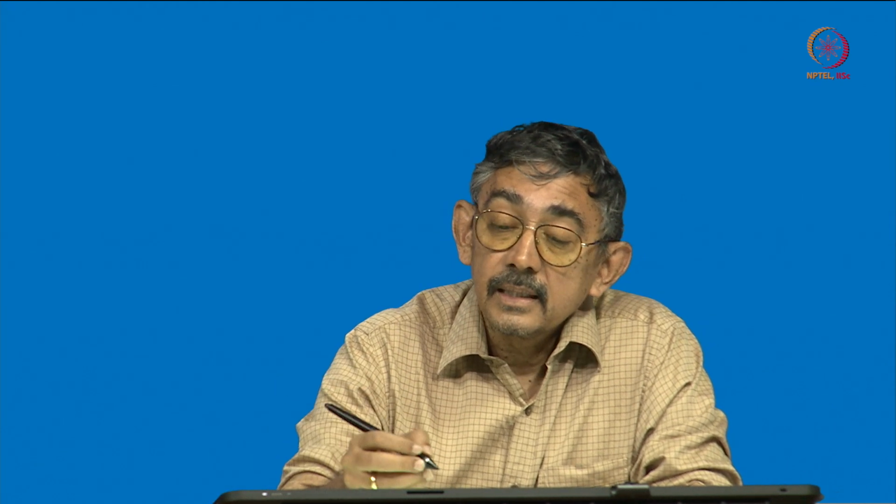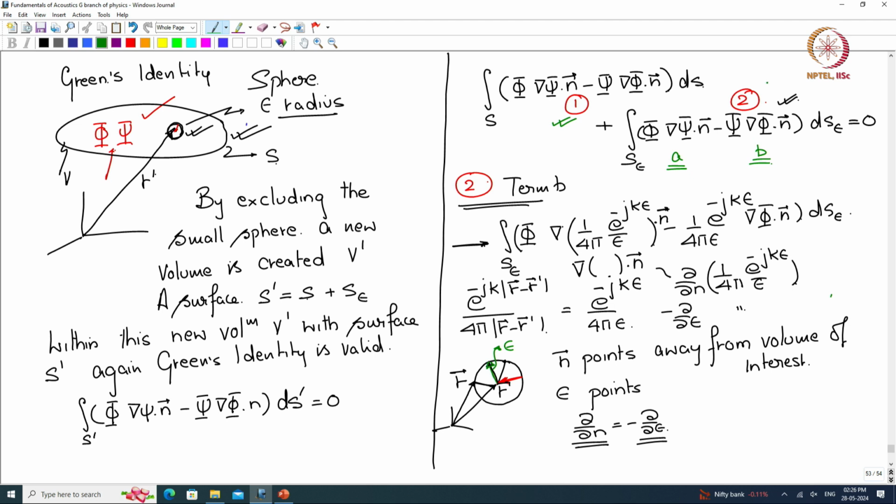We were looking at the derivation of the Kirchhoff-Helmholtz integral equation, and last time we ended up with two surface integrals. This is number 1 and this is number 2.